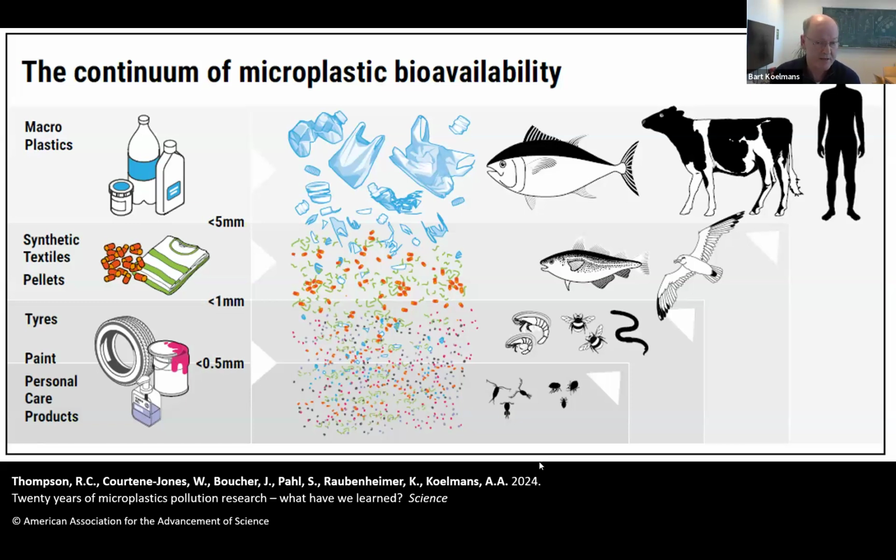And we also have this continuum of species, mouth openings. So the smaller the particles get, the more available they are for an increasing number of species, and also potentially able to penetrate tissues, especially when they are approaching the nano size. So that means that in effect assessment and also exposure assessment, size plays a very important role.